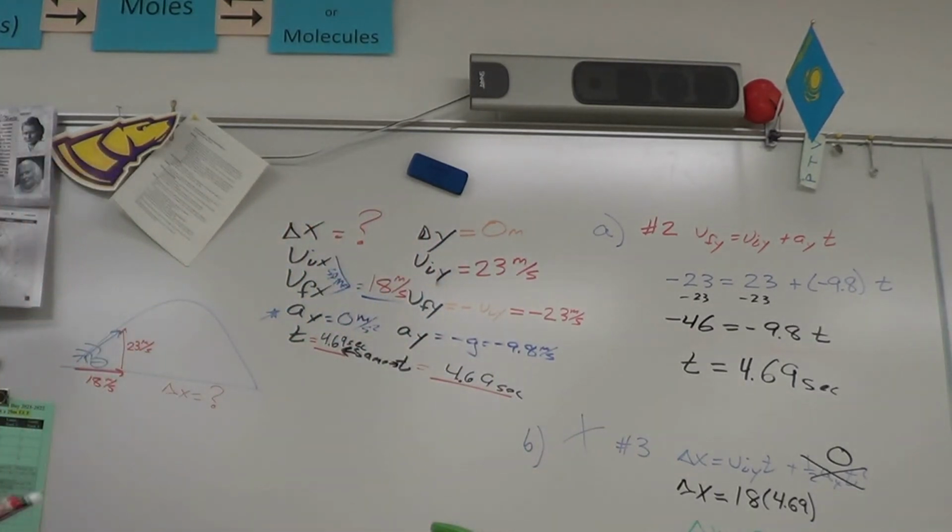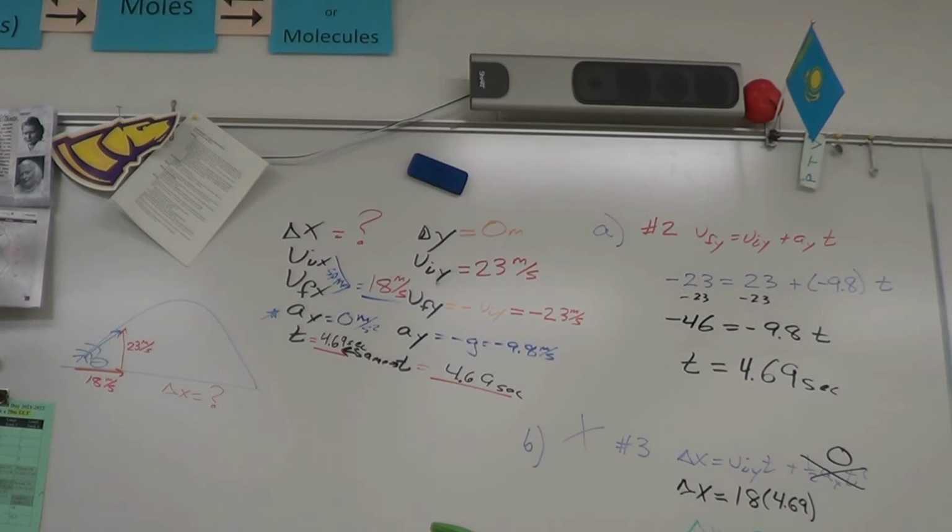For part C, this particular problem asks, how high did the arrow go? Now, we got to be kind of careful with this, because how high did the arrow go doesn't match the variable list we have.